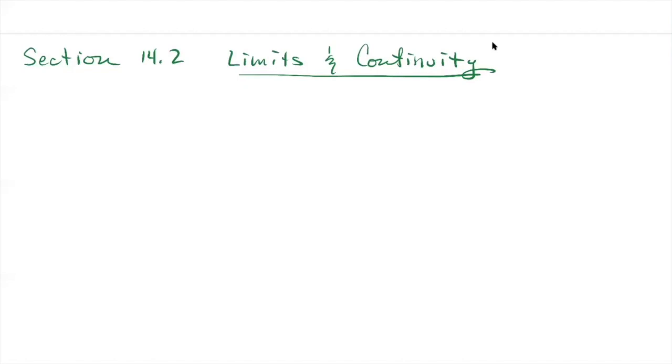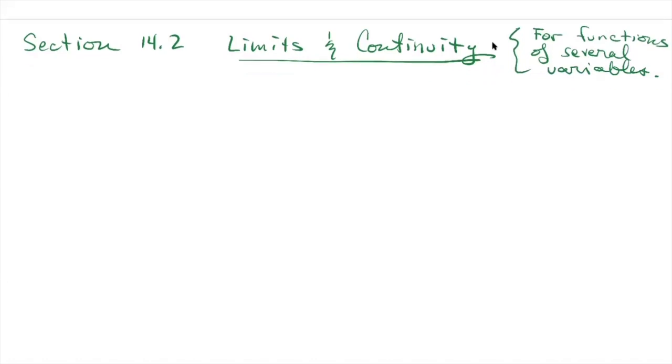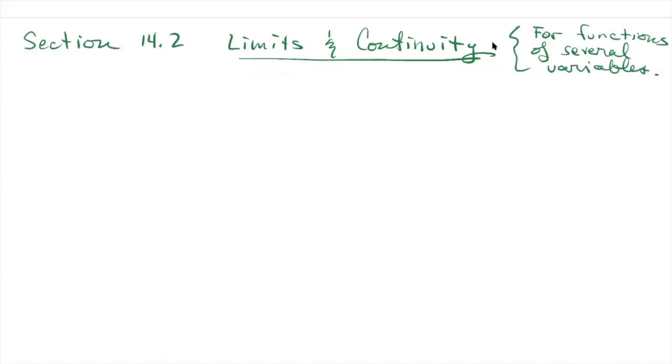Okay, so I want to talk about limits, and this is going to be for functions of several variables. The way they define things, they almost make it harder than it needs to be.